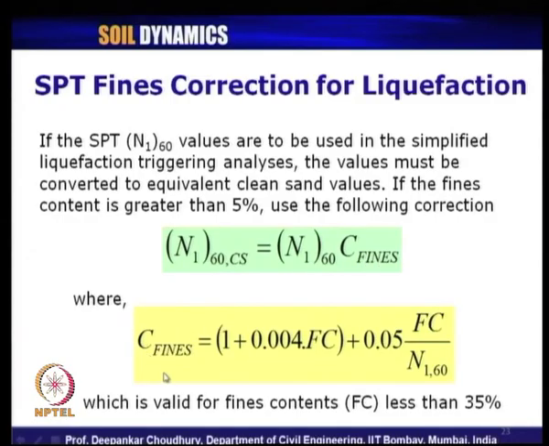This is the expression to compute C fines. C fines is equal to 1 plus 0.004 times FC plus 0.05 times FC by N160, where FC is nothing but fines content in percentage, and this expression is valid for fines content less than 35%.